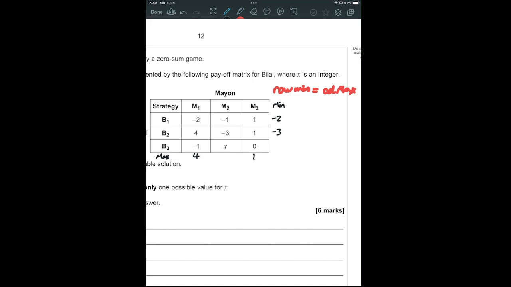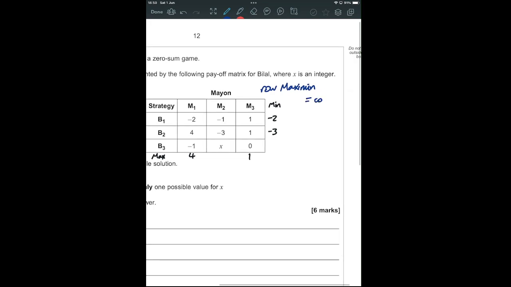So I feel like I've got that the wrong way around. So let's think about that again. I want the row, I like the phrase maximin. The maximum row minimum has to match the column minimax, the minimum column maximum.